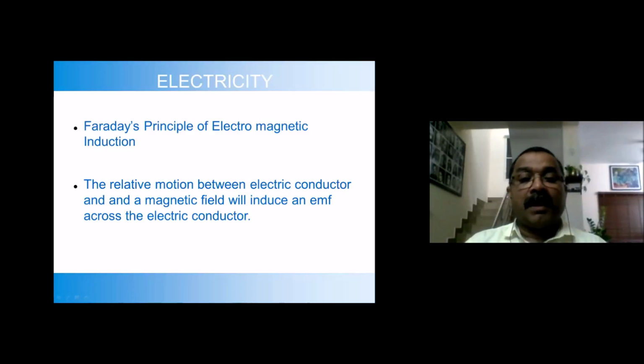Faraday's principle is that the relative motion between an electrical conductor and a magnetic field will induce an EMF across the electrical conductor. This is the principle of electromagnetic induction.